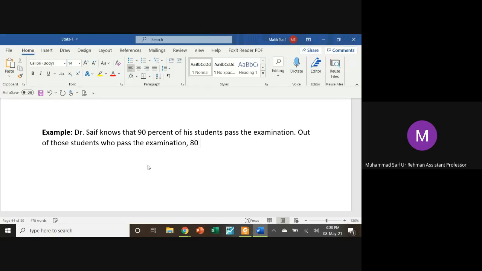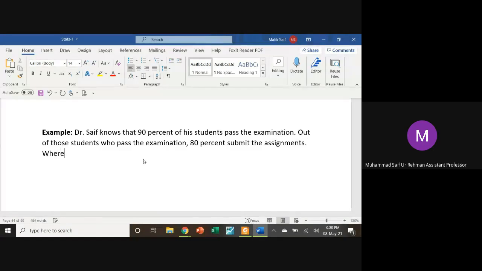Let's say 80% submit the assignments. Okay, so out of those 90% who pass the examination, 80% submit the assignments. This is the scenario.